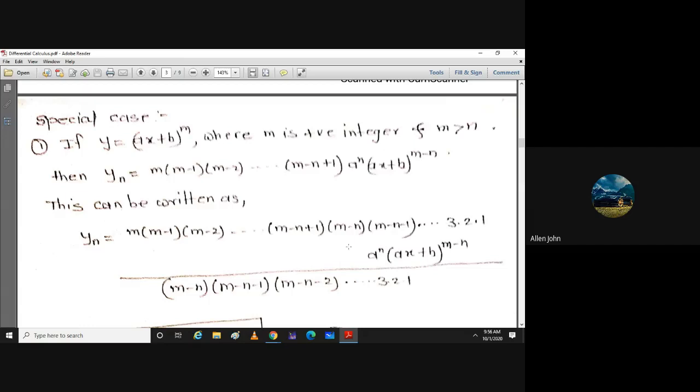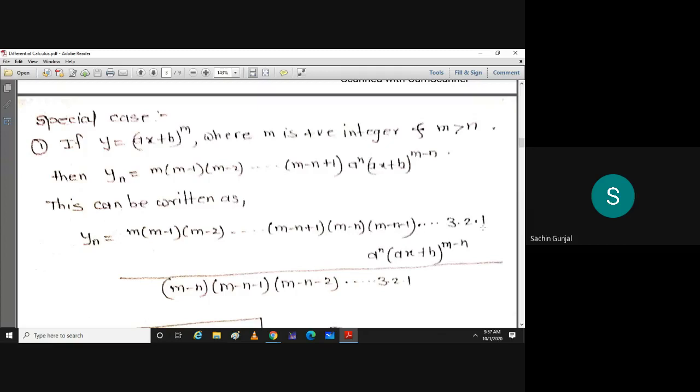Then m minus n plus 1 minus 1 will become m minus n. What is the next number? M minus n minus 1. And where will it stop? At 1.